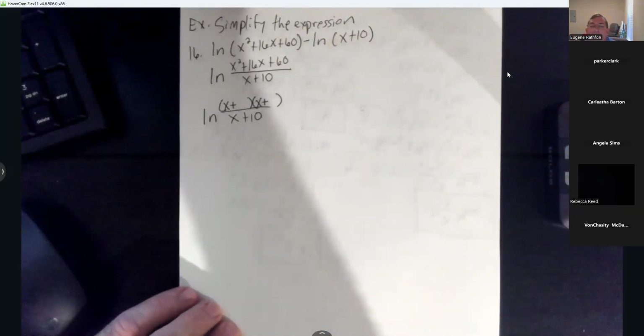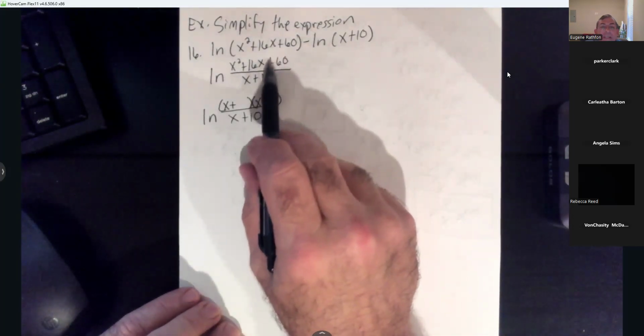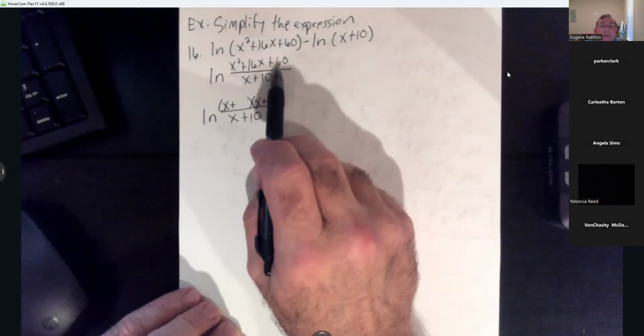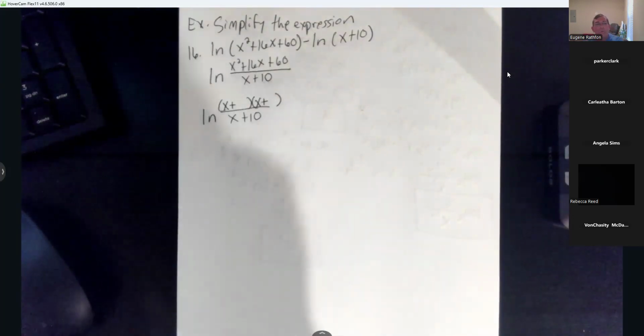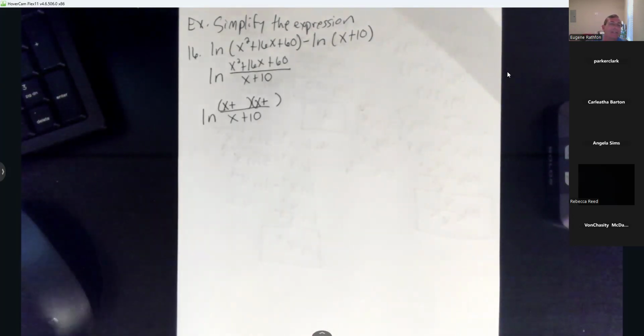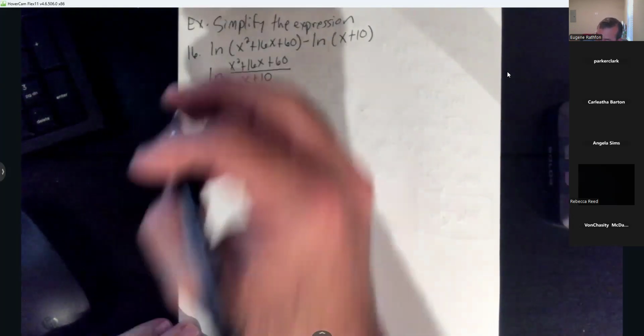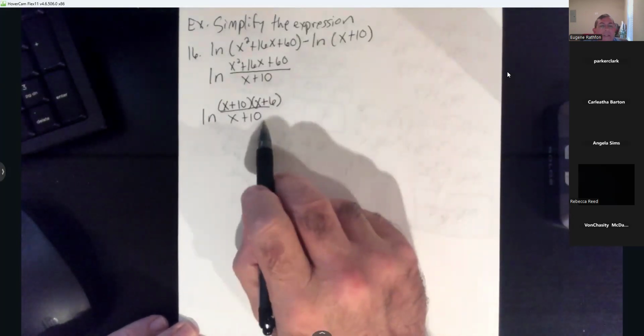Now, y'all, check this out. Can y'all find me any factors of 60 that'll add to get me a 16? So what multiplies to get 60, but when you add them, you get 16? All right, Carlithia, what do you got? 6 and 10? That's perfect. 6 and 10.